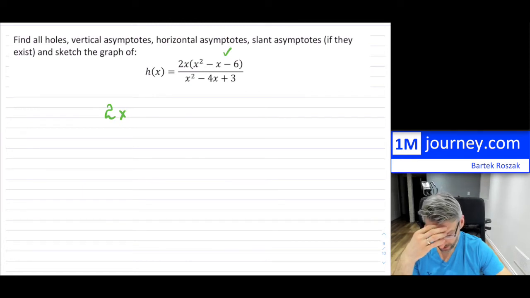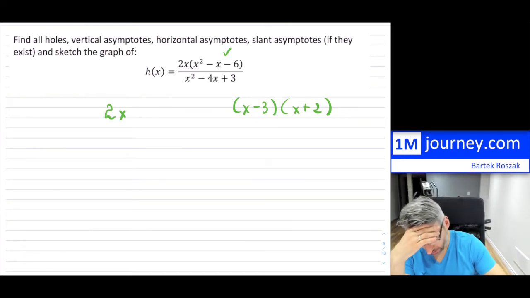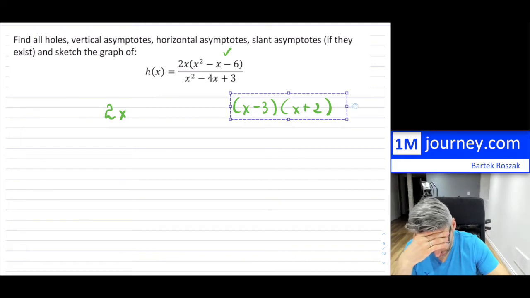What would this be? 2 and 3, I guess. Maybe x minus 3 and x plus 2. Yeah, that looks like it. So x squared, and minus 6. All right, so that was factorable.